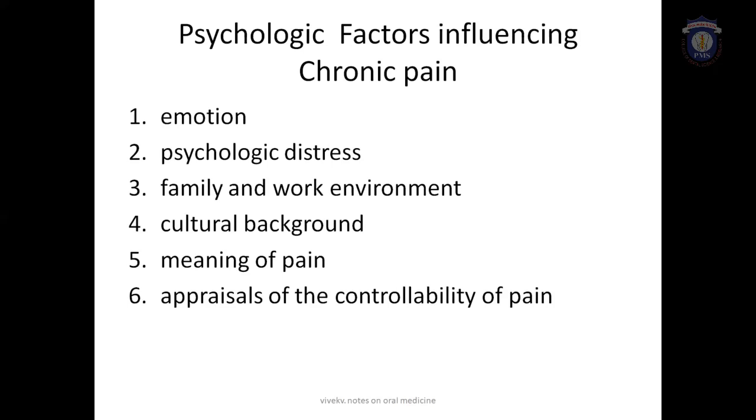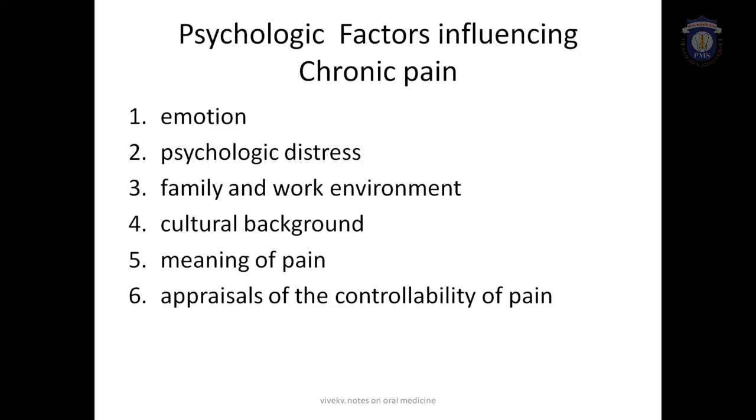So now let us have a look at, we were dealing with the biopsychosocial model of pain, which, as I said before, involves the biologic or anatomical aspect, the psychological aspect, and the social factors that influence pain. So in this slide, I have enumerated the psychological factors that influence chronic pain.